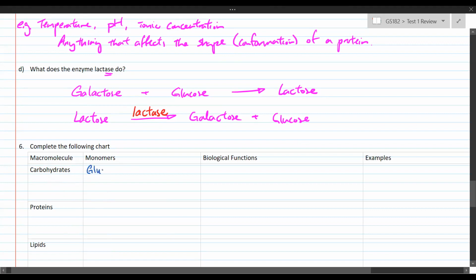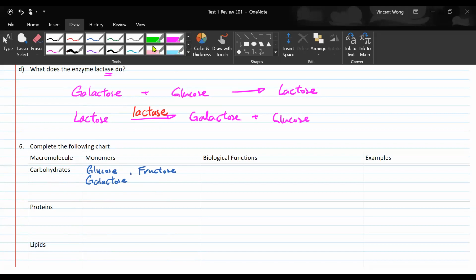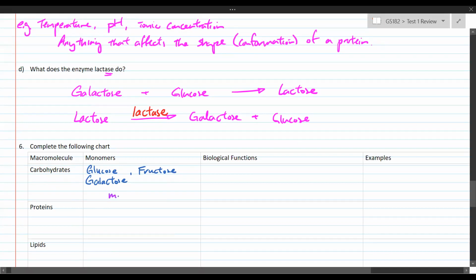There's glucose, there is galactose, and there's also fructose. All of them collectively are known as monosaccharides. Monosaccharide, single sugar.